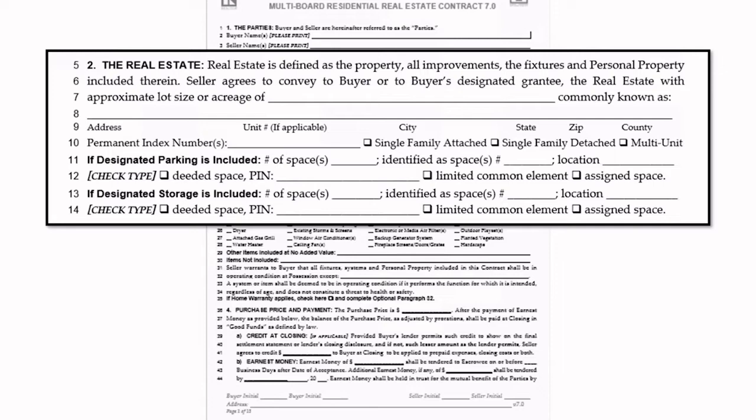If you are not going to use it, we're not supposed to leave any blanks in the contract to be filled in later. So I suggest rather than drawing lines in there, just put N/A in that very first space on line 11. And now everybody knows we're not using either of those, designated parking or designated storage.